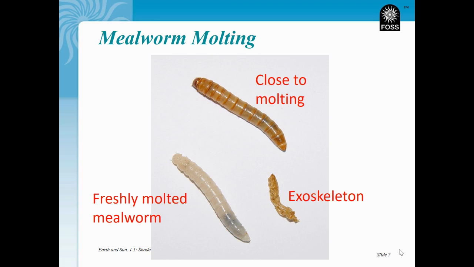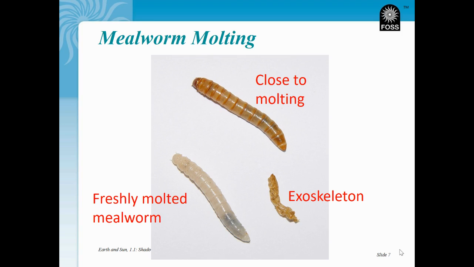The next picture you see there kind of looks like a shriveled up version of a mealworm. That is the exoskeleton. So just as a snake sheds its skin, a mealworm sheds its outer layer, and that is what is left. The outer layer dries up.